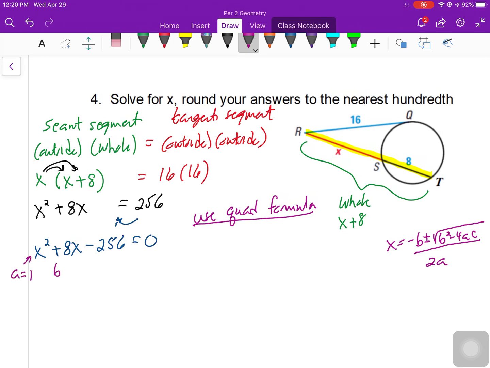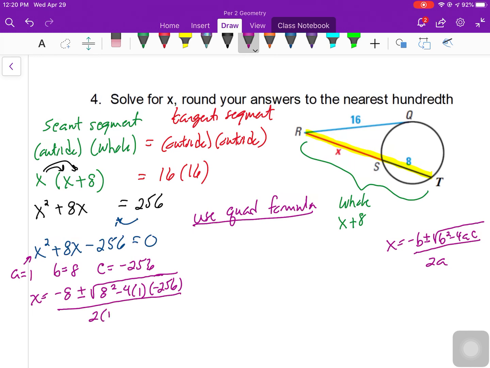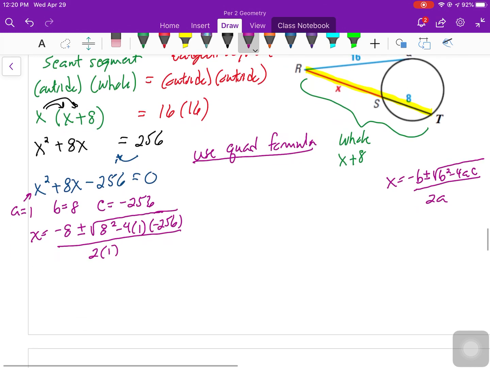So in the problem that we're working with, the a is equal to 1, the b is equal to 8, and the c is equal to negative 256. Putting that into our quadratic formula, we have x equals negative 8 plus or minus the square root of 8 squared minus 4 times 1 times negative 256, and that entire thing, including the negative b, divided by 2 times 1. As you've seen when I reviewed these problems before, I like to work out what's beneath the radical sign, beneath that square root sign.